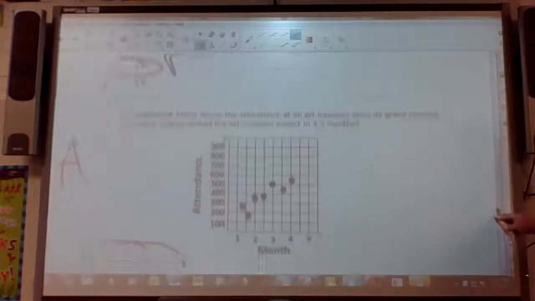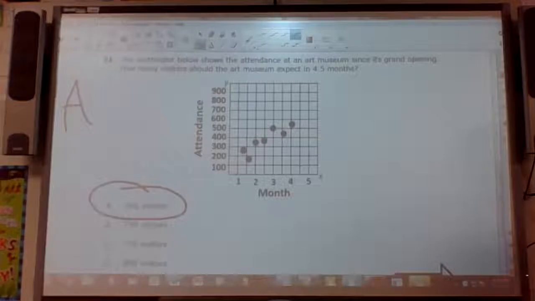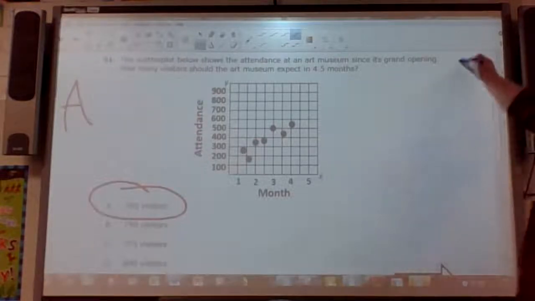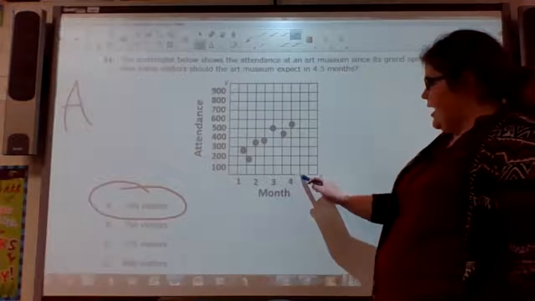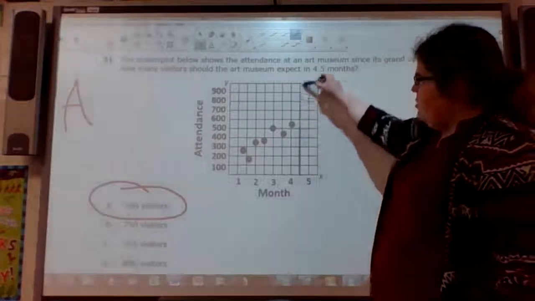Okay. And then number 31. This is Unit 6. The scatter plot below shows the attendance at an art museum since its grand opening. How many visitors should the art museum expect in 4.5 months? So I'm going to go to 4.5 months.